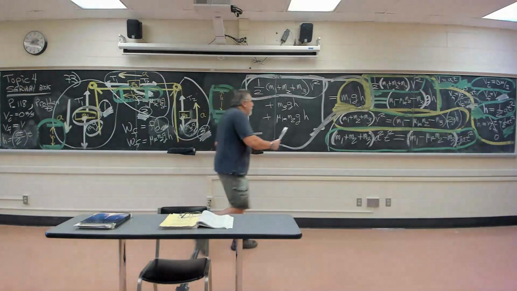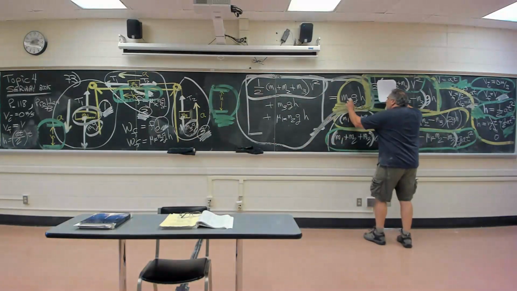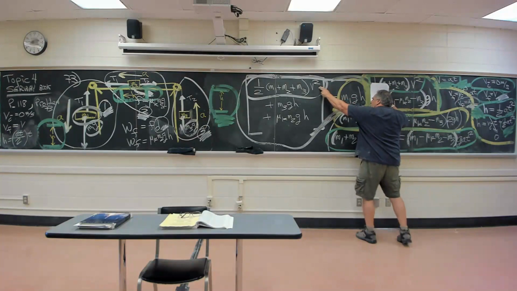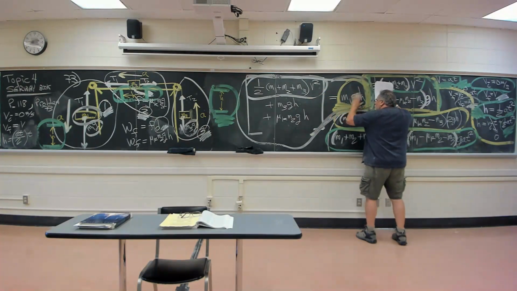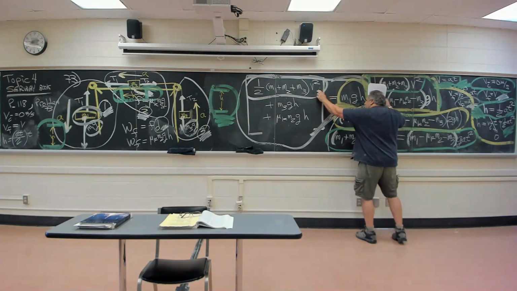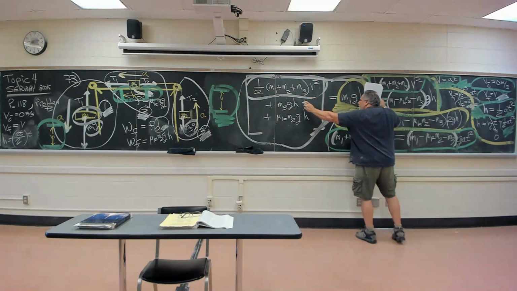So this guy right here, this M1GH powered everybody. Gave kinetic energy, raised the other one's potential energy. This drop in potential energy gave kinetic energy to everybody, gave kinetic energy to the lighter mass, and did thermal work. All of that happened from him.